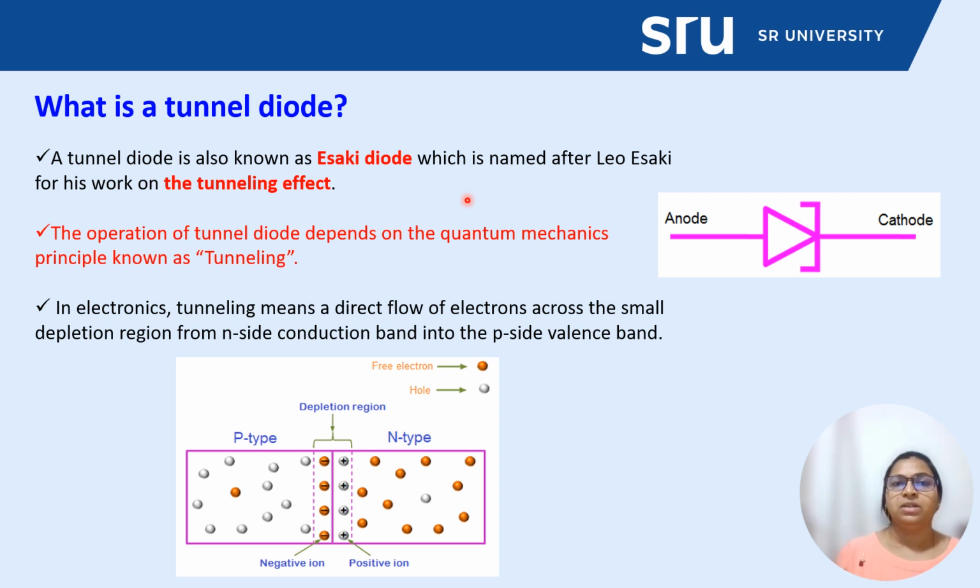In electronics, tunneling means the direct flow of electrons across a small depletion region from the n side conduction band into the p side valence band.